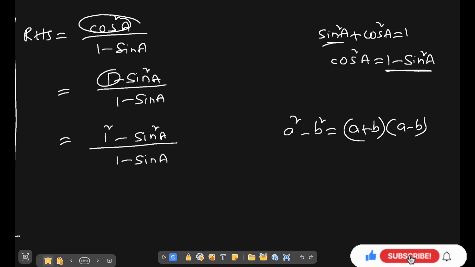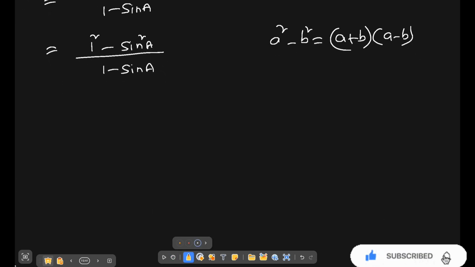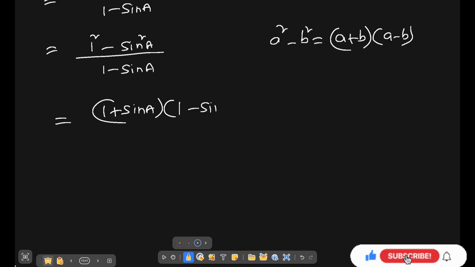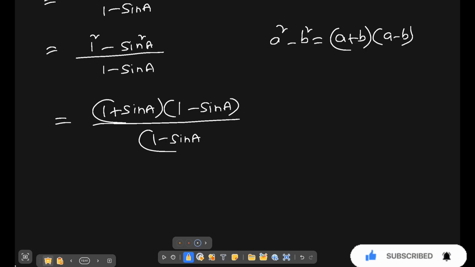So we can write 1 square - sin square A as (1 + sin A) into (1 - sin A), whole by (1 - sin A). So here this 1 - sin A and 1 - sin A get cancelled. Now this RHS will be equal to 1 + sin A.